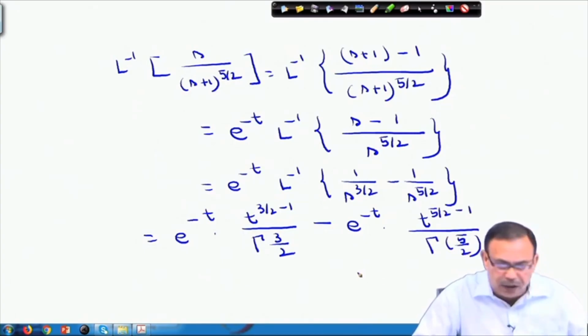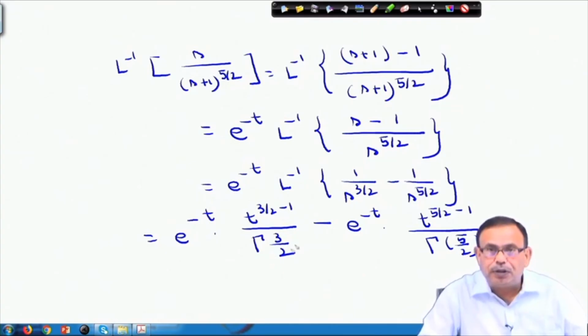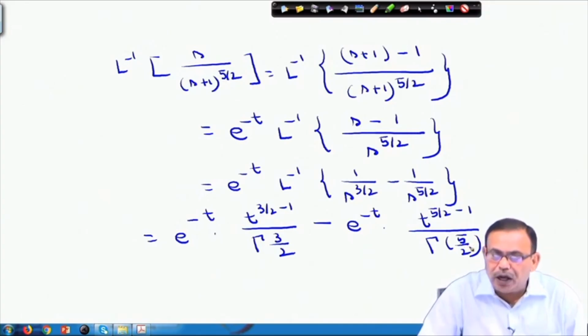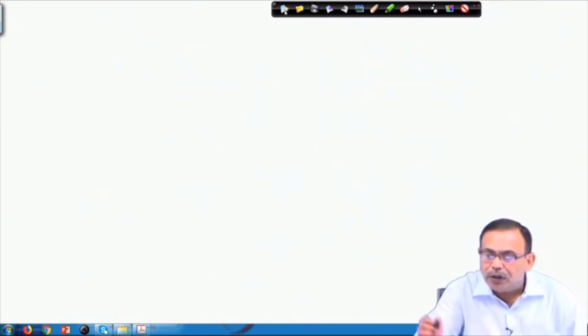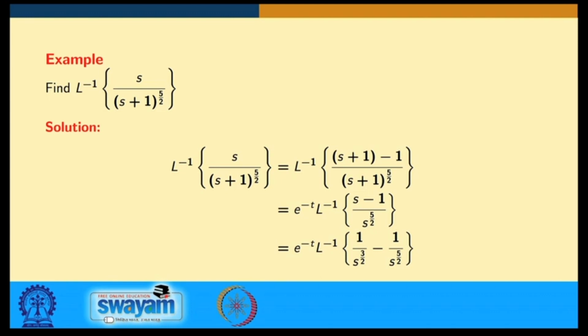And now I have to break it, which I am showing you. This term gamma 3 by 2 I can bring down to gamma half, and gamma 5 by 2 also I can bring to gamma half. We know the value of gamma half is root pi, and we can substitute it here. Let us see it here. You are getting this. From here you will obtain e to the power minus t into this, using the property.